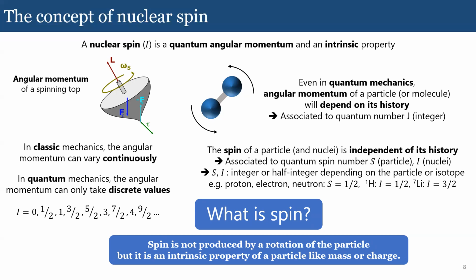And it's difficult to grasp just because we don't have a macroscopic object that can help us observe what a spin is, which is not the case for, for example, the mass or the charge of a particle. But what I need you to understand is that in the end, the spin is just a tool, and it is super useful as it best describes the physics and the properties of the particles that we can see, especially in NMR. So yeah, do you have any questions or should I continue?